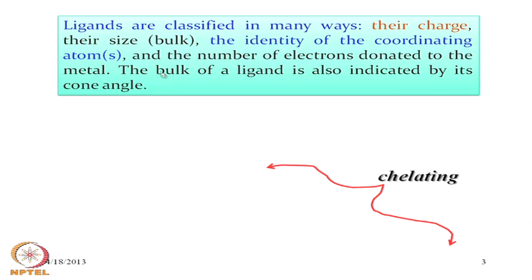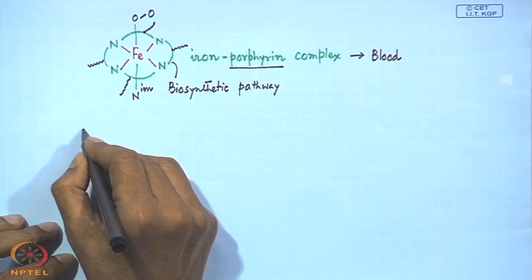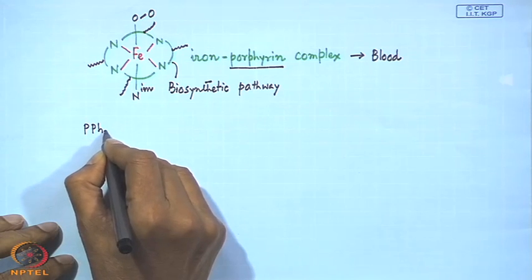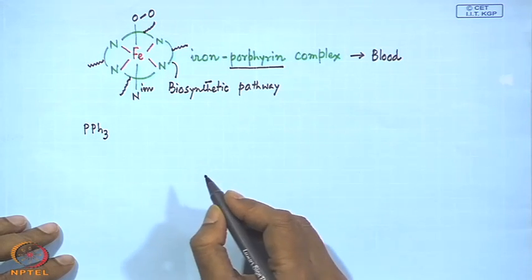And sometimes the steric bulk, this bulk is not related to the size of the atom from oxygen to nitrogen to sulfur, but to the steric bulk on the ligand, and is indicated by its cone angle. In some catalytic reactions, one such good ligand is triphenyl phosphine.